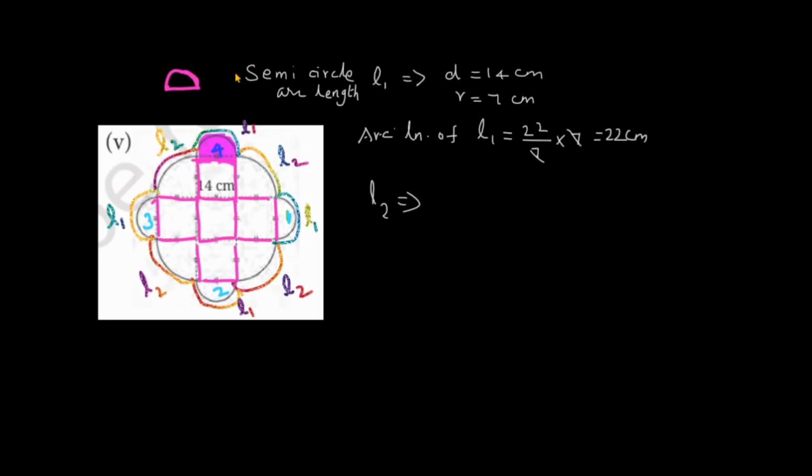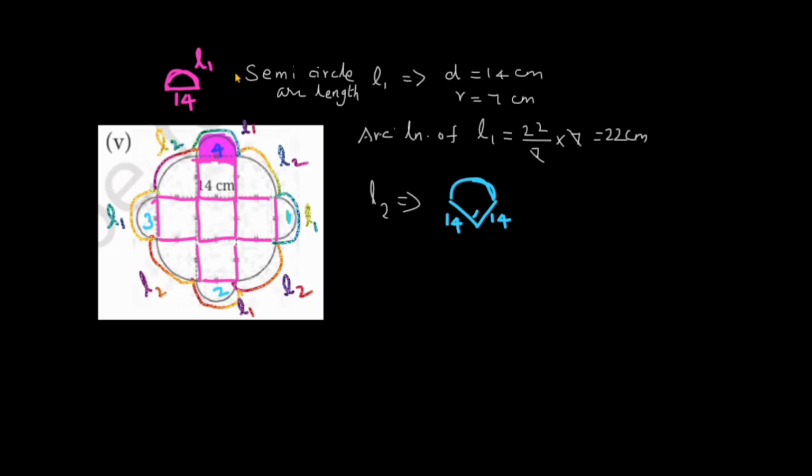All L1s are semicircles. So here our diameter is 14. So we are calculating the radius and finding. Now L2 is in this shape. Look at L2. L2 is like this. That is L2. All the L2s are sectors. 14 and 14. All the L2s are sectors.